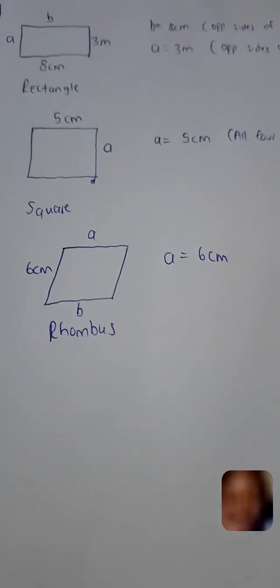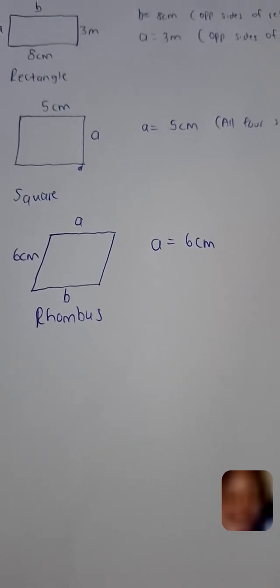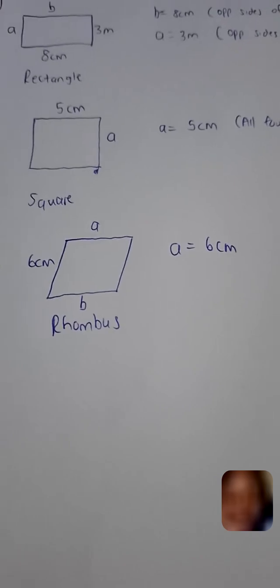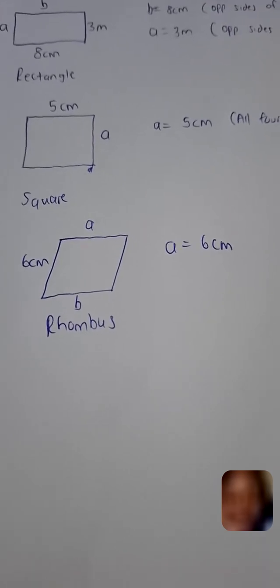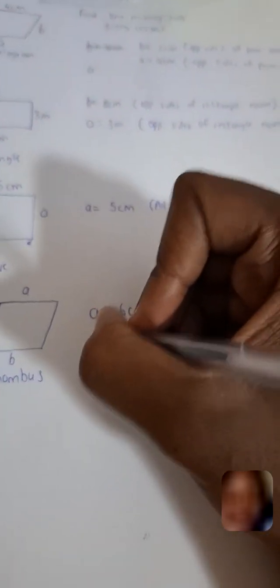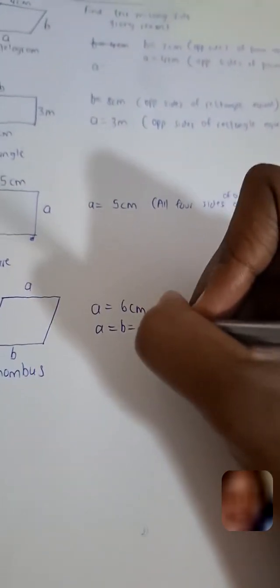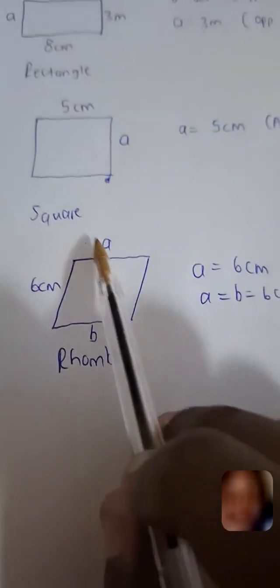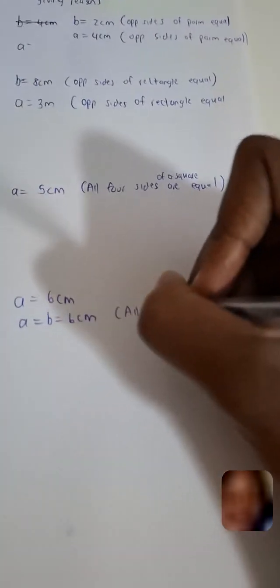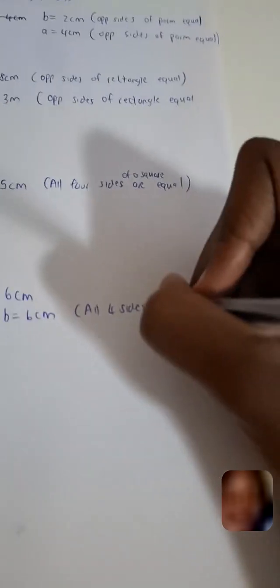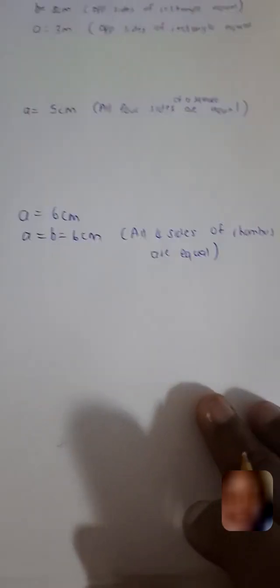What's the reason? Even all four sides are equal. Exactly. We can even say A is equal to B is equal to 6 centimeters. We know that A is also equal to B, it's also equal to 6 centimeters as well. And we know that because all four sides of a rhombus are equal. No doubt. Okay. That was not too shabby, was it?